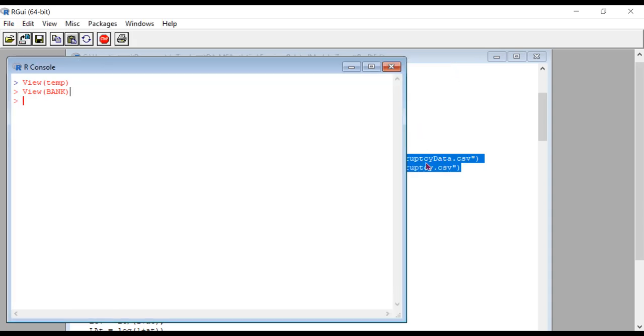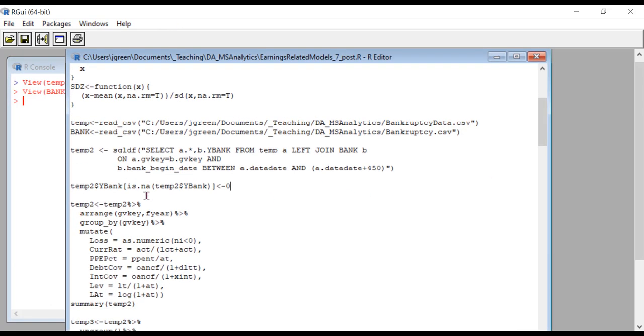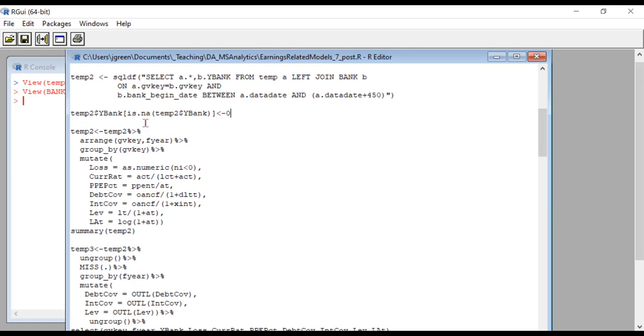What we want to be able to do then is combine the financial data that we have with the bankruptcy data, because we want to predict whether companies go bankrupt or the probability that a company is going to go bankrupt. So this is where we're going to introduce the SQL language. So SQL-DF is the package and also the function. And the reason we're going to go with the SQL language is it allows us some flexibility when we're combining data sets.